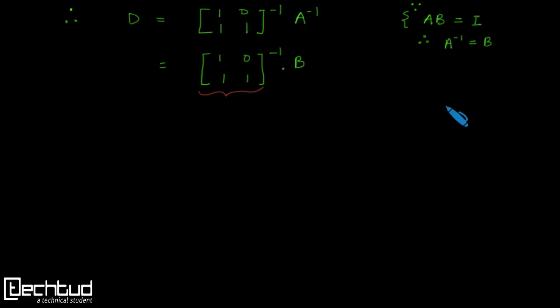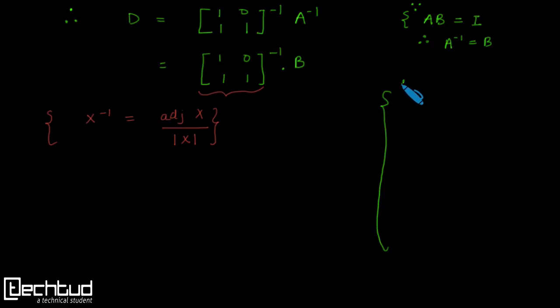We know that the inverse of any matrix X can be written as the adjoint of X divided by the determinant of X. Therefore, let's assume X is equal to [1, 0; 1, 1] and we need to find X inverse.